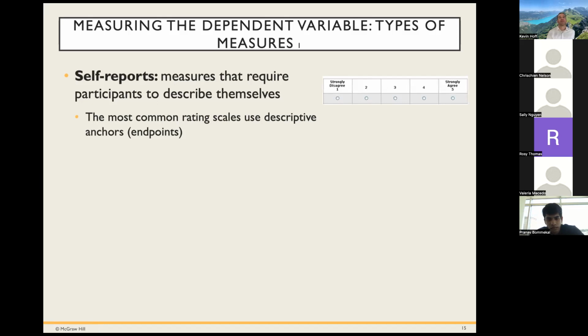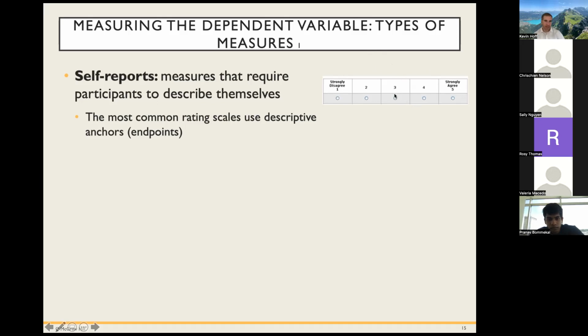But typically surveys are self-reports, and we use these descriptive anchors. They're sometimes called Likert scales, where you respond to a statement, whether you strongly disagree or strongly agree. Each of the midpoints also typically has a label, like the 3 is typically neutral, neither disagree nor agree.